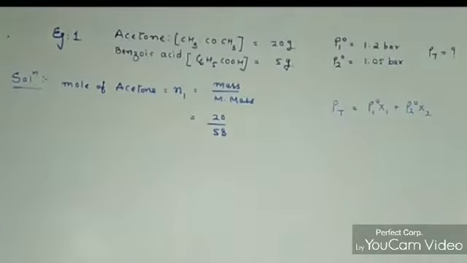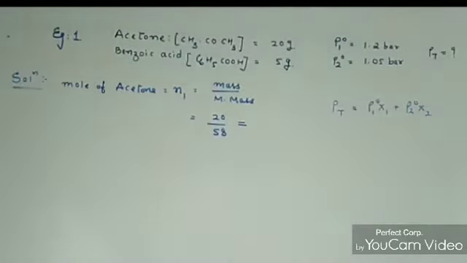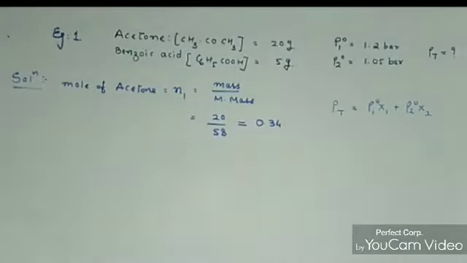So 20 divided by 58, do it and tell me the answer. 20 divided by 58 is 0.34. So the mole of acetone comes out.